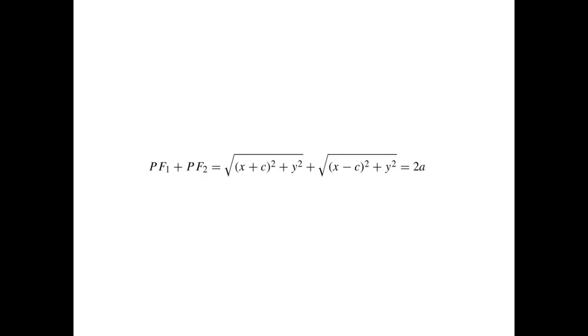Then one focus will be c units to the right of the center, and one will be c units to the left of the center, but the y is always the same. This is just your distance formula, and that's equal to 2a. That's what they were calling k before, the double length of your string, basically. Twice the major axis.